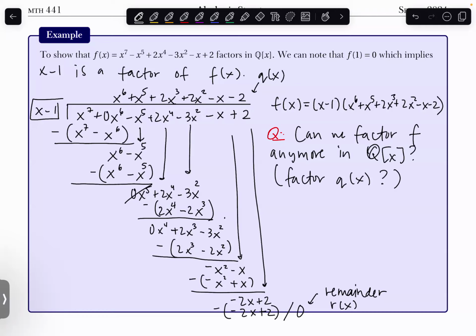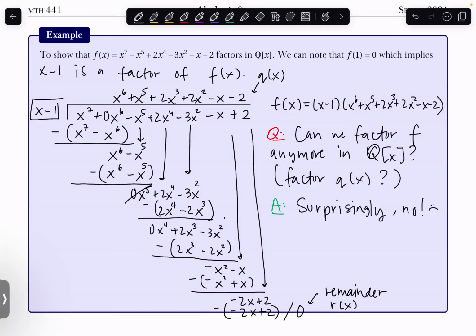But the real work would have been to factor out this bigger polynomial of degree 6 here. Okay, and the answer to this question is not obvious, but it turns out that we can't reduce this anymore. We can't factor it anymore, only using coefficients from our rational numbers here. Okay, so here, surprisingly, the answer is no.